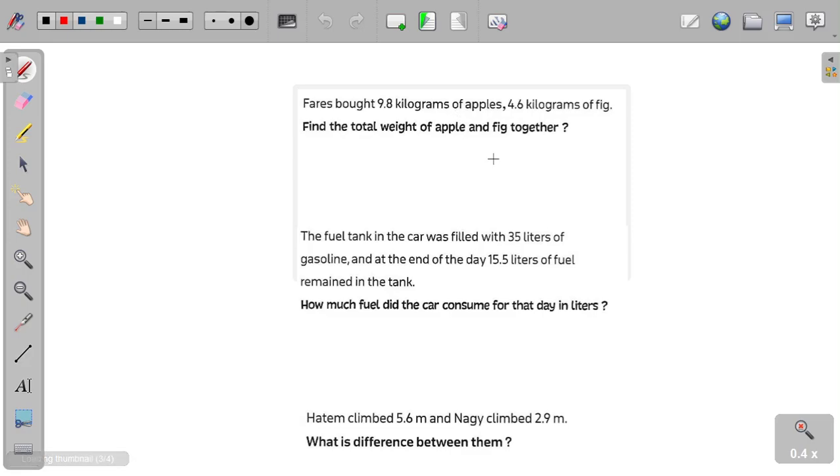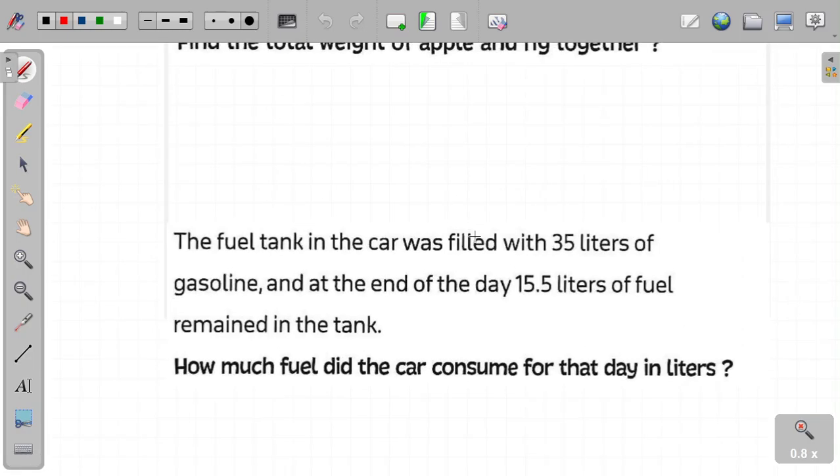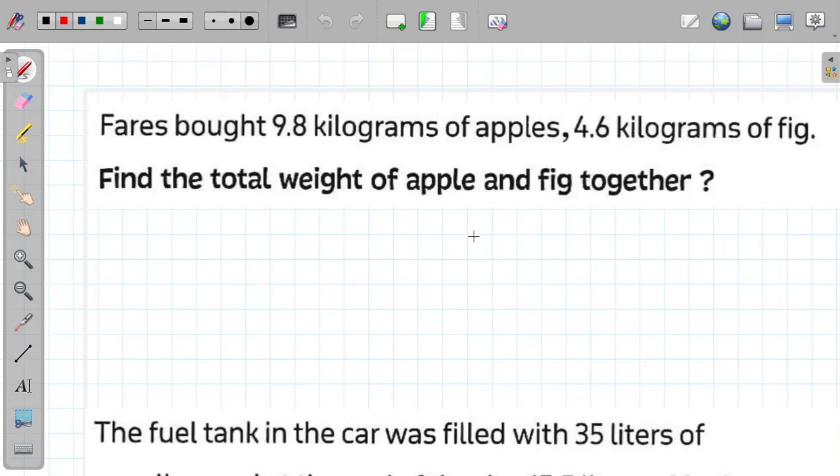Okay, next I have these examples. The first one here, Paris bought 9.8 kilograms of apples, 4.6 kilograms of fig. Find the total weight of apple and fig together. Okay, so if I want to have the total, I will add the two numbers together.